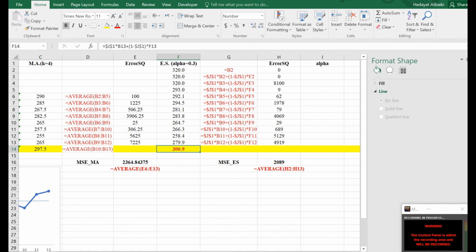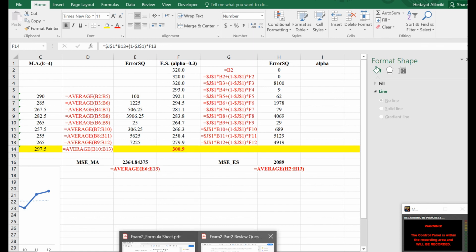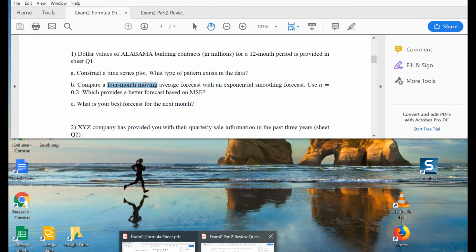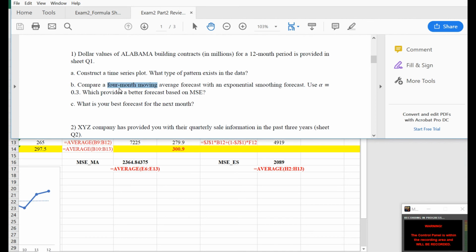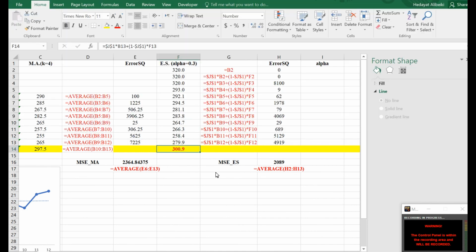Let me go back to the question and make sure we've got everything. Compare a 4-month moving average forecast with an exponential smoothing forecast with alpha 30%, which provides a better forecast? I just need to put here: lower MSE, better forecast.